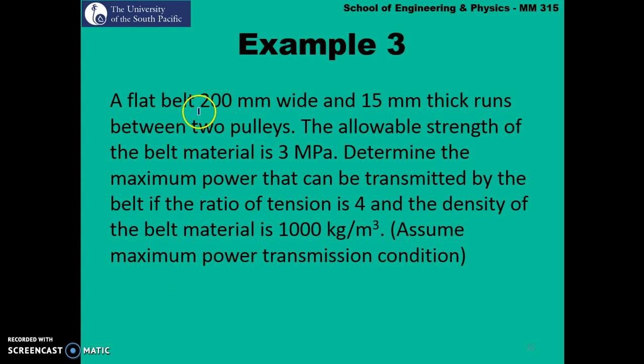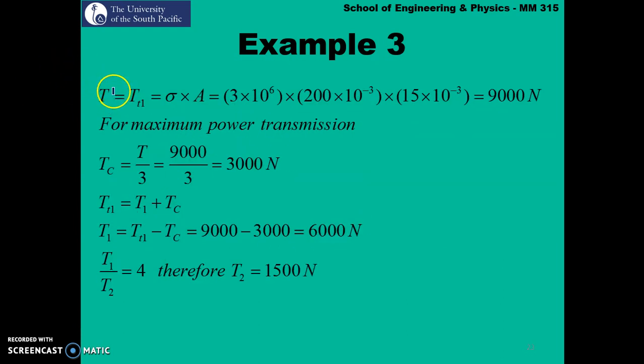So let's look at the tension ratio. Tension ratio is simply T1 over T2. So T1 over T2 is given as 4. The density of the belt material is given, and we know that we're looking at a maximum power transmission condition. With these, we know that your maximum tension, which is nothing but the total tension on the tight side, TT1, is simply equal to sigma times the cross-sectional area.